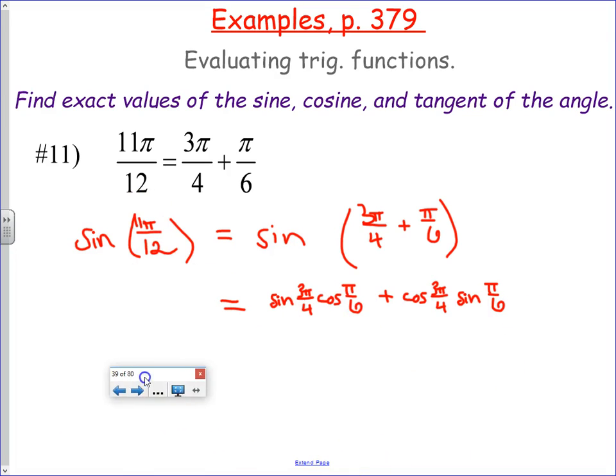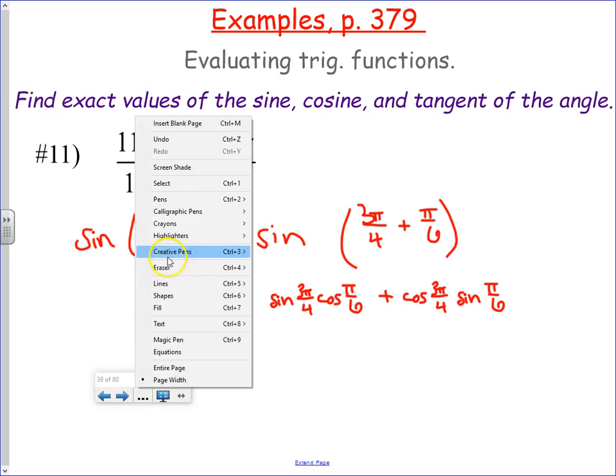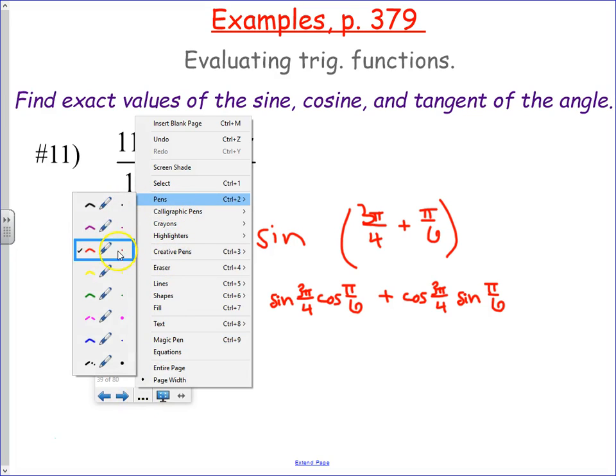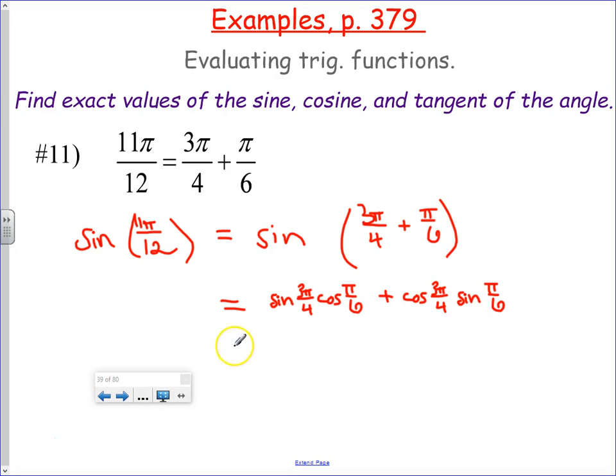It'll take a little bit of time, but we got this. Sine of 3 pi over 4. And it's positive because it's in the second quadrant, so we have root 2 over 2. Cosine of pi over 6, 30 degrees first quadrant. Square root of 3 over 2. Plus cosine of 3 pi over 4.